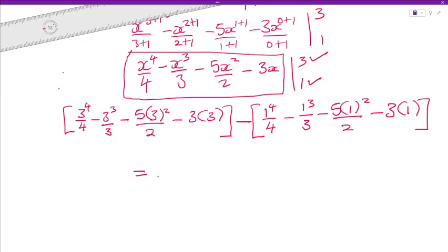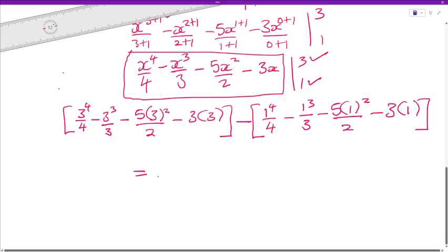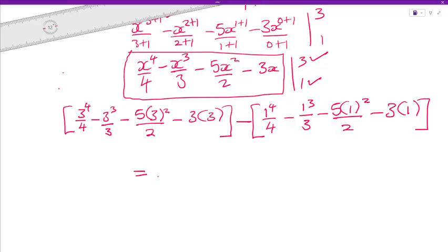My calculator is actually able to punch the original equation, x to the power 4 over 4 minus x to the power 3 over 3 minus 5 times... not really 5, I'm now mixing up things. I'm just supposed to punch the values the way they're supposed to appear in the original one.